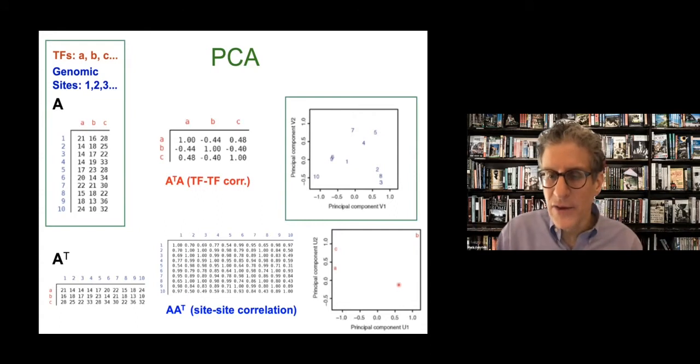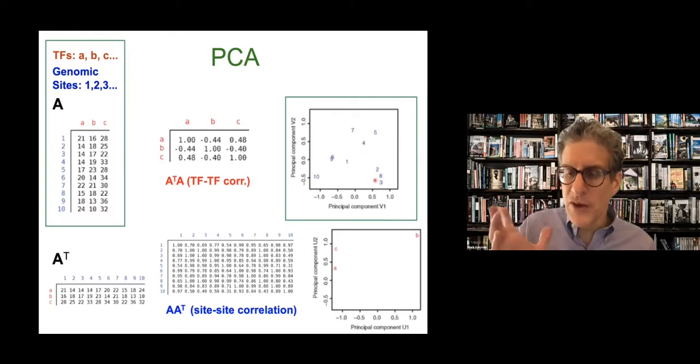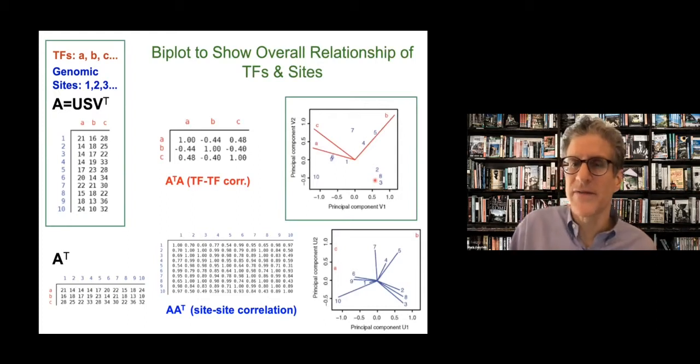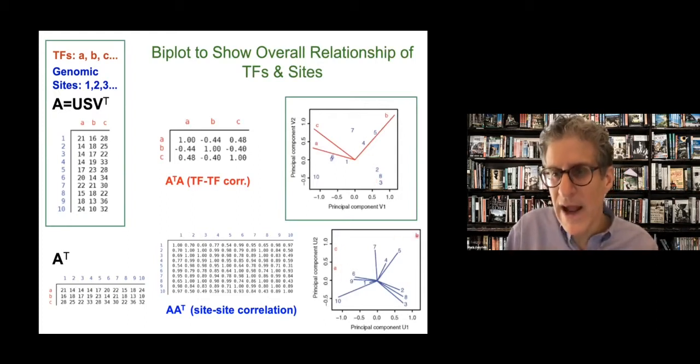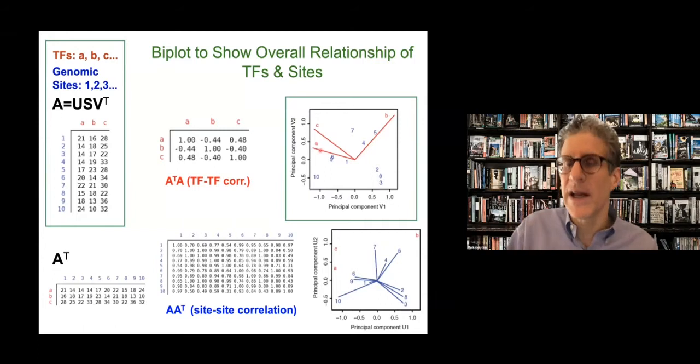But now, if you look at these carefully, at where A and C and B are, it turns out, because of the beauty of SVD, we can actually just overlay these 2 graphs. We can take this graph and literally biplot it onto the same thing.